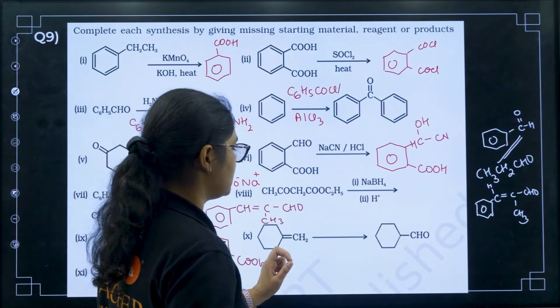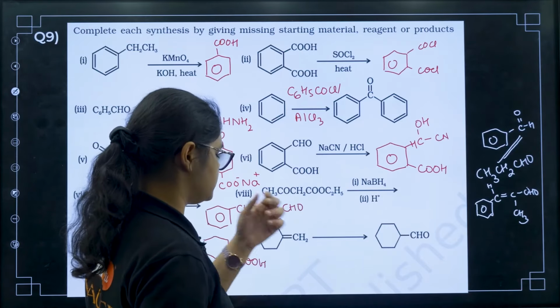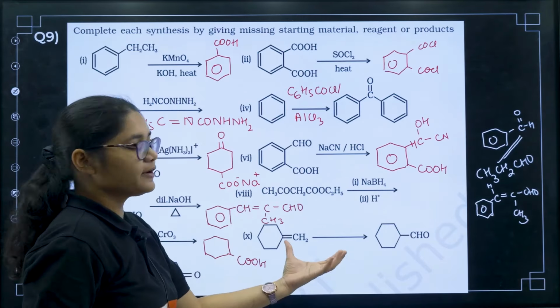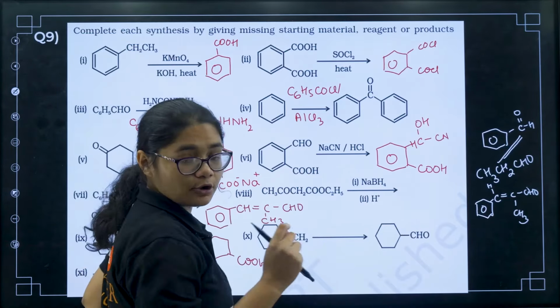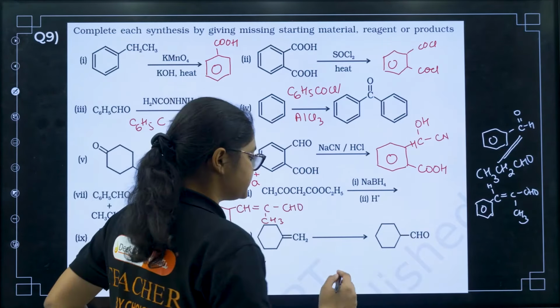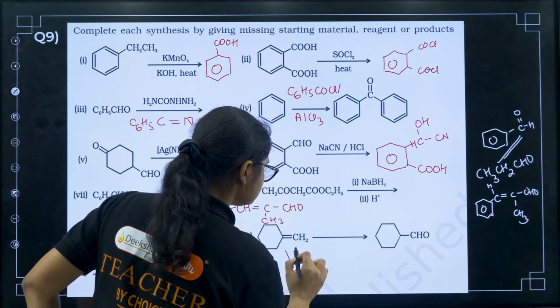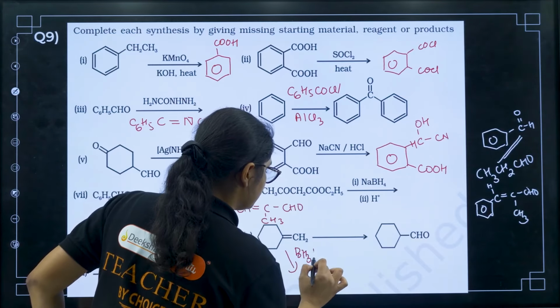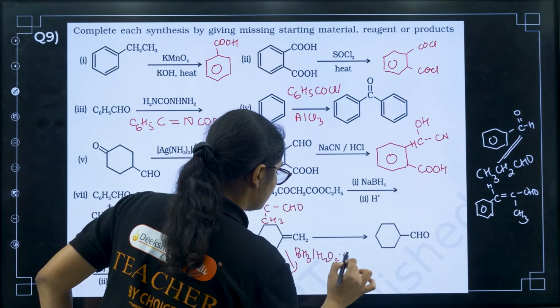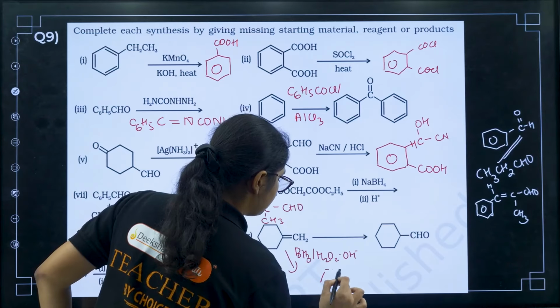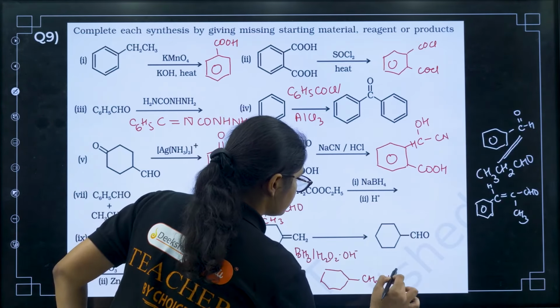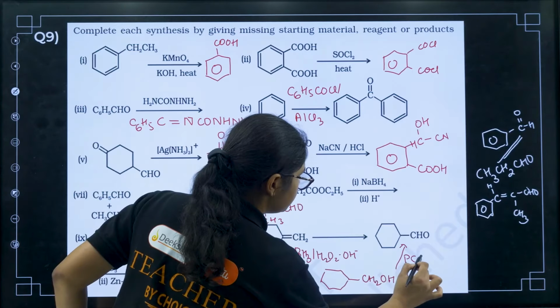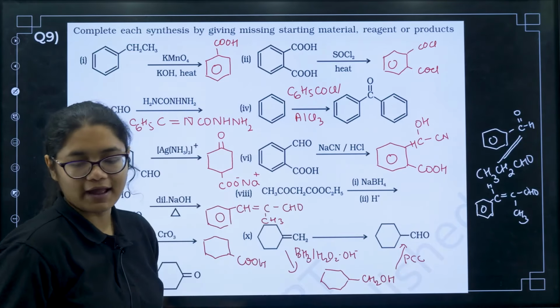Then the next one, here we have double bond CH2. For converting this one, first of all you can add H and OH following hydroboration oxidation. So first if I do BH3 in presence of H2O2, OH-, so what will happen? I will get CH2OH, and then here I can use PCC to convert this one to aldehyde.